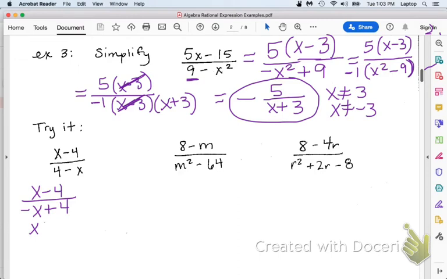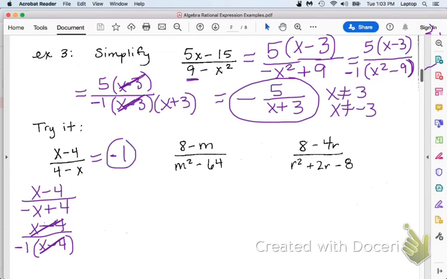So x minus 4 and negative 1 times x minus 4. So I get the common expression, x minus 4, as my common factor. So this is equal to negative 1.